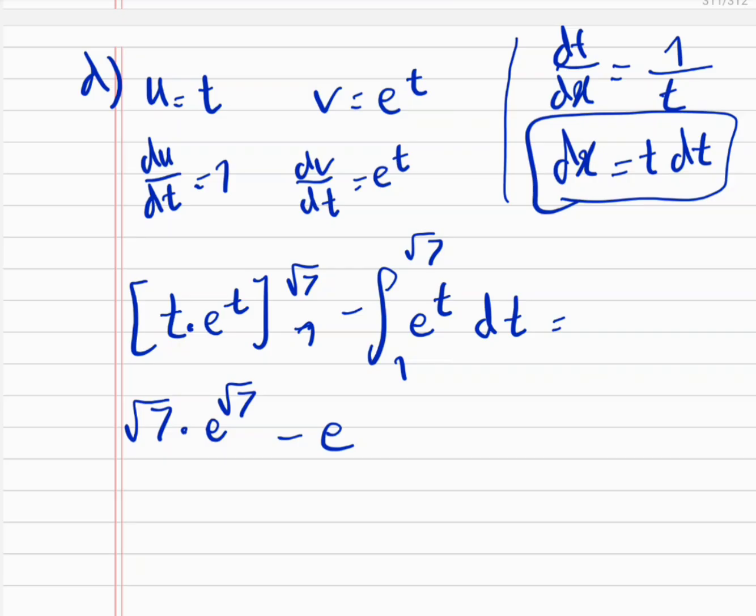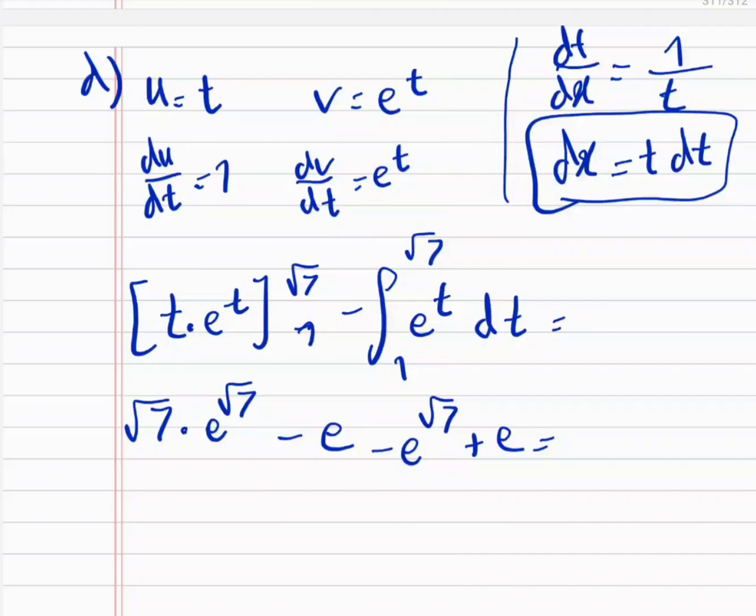And next, remember that again, e to the power of t just integrates to e to the power of t. So when we substitute root 7, we'll have e to the power of root 7, but remember that we have this negative, so it negates that. Then we substitute 1, which is just e, but again we have this minus here, so that gives us positive e.